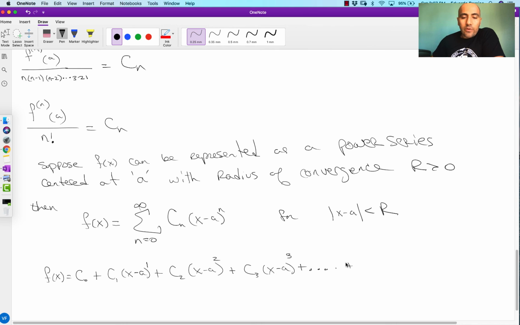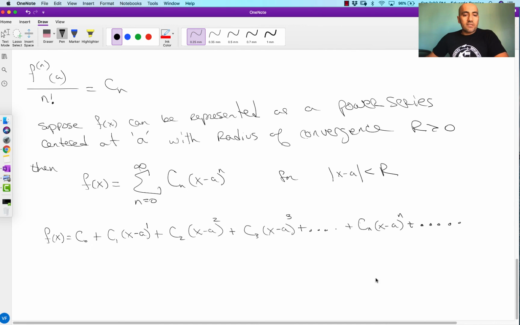Somewhere down the road we have the nth one, so this is equal to c sub n times x minus a to the nth power, and then this keeps going on forever.